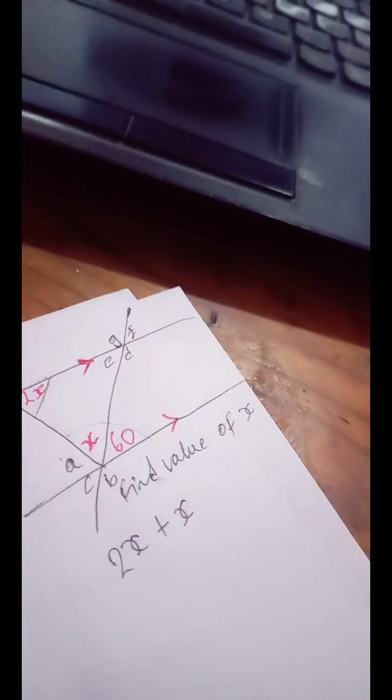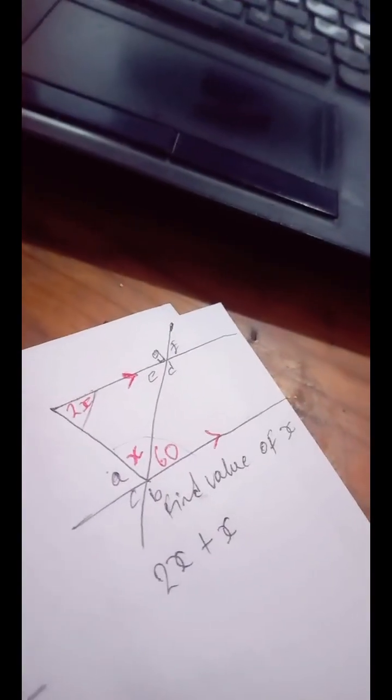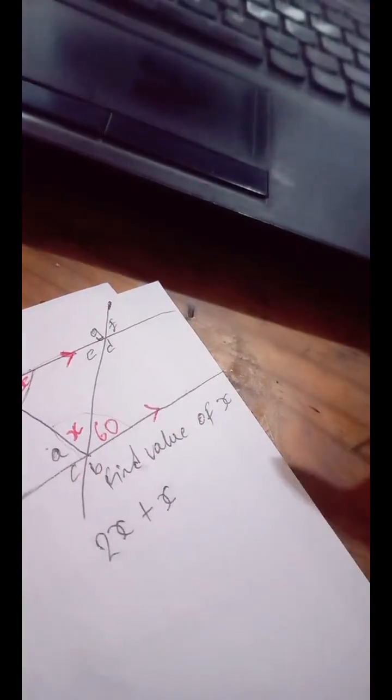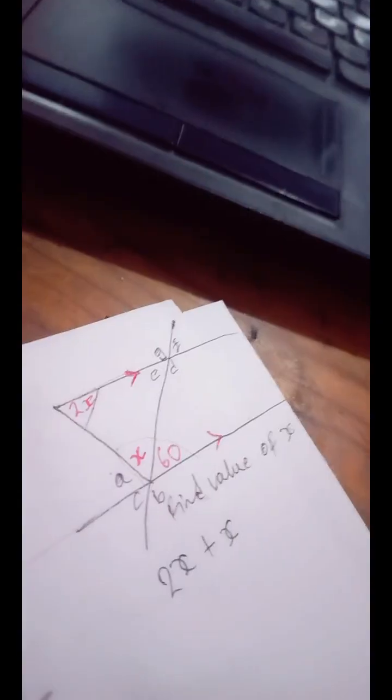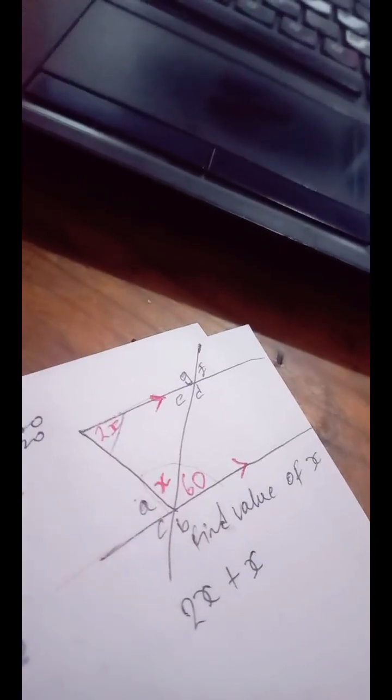Why are you saying alternate angles? The Z is like this. No, it's not 60 divided by 3. Which concept between these three did you use?